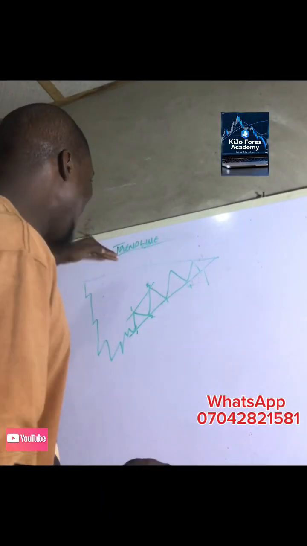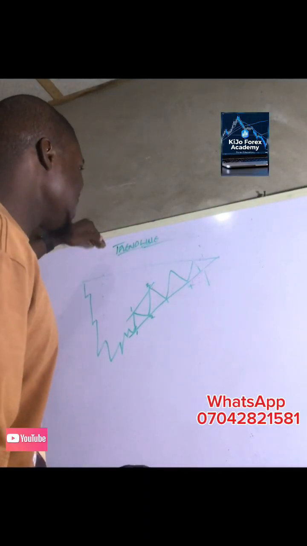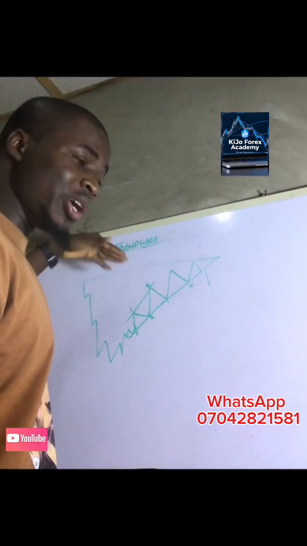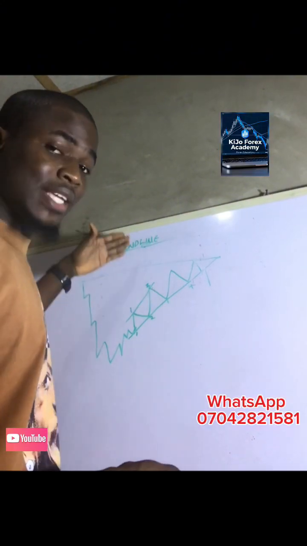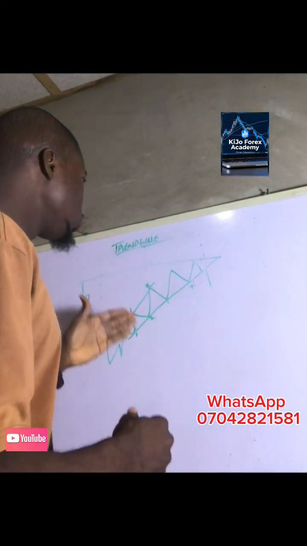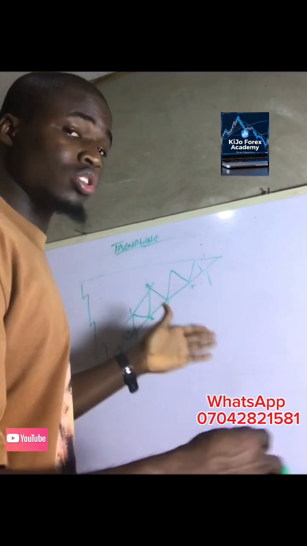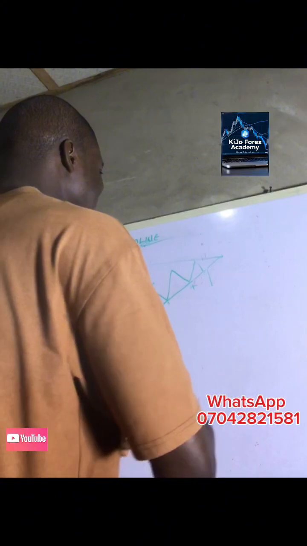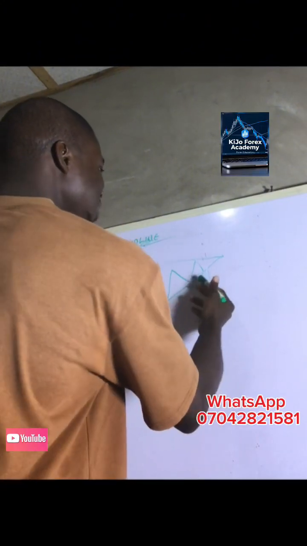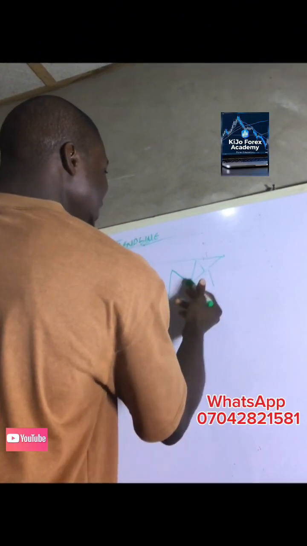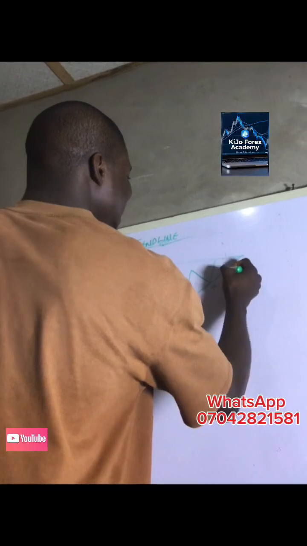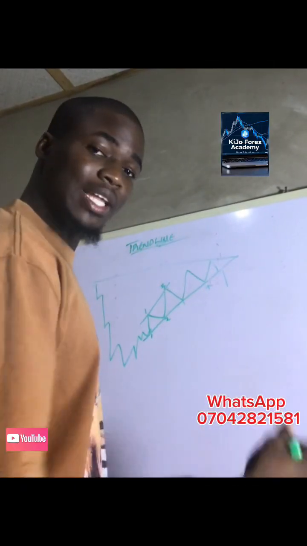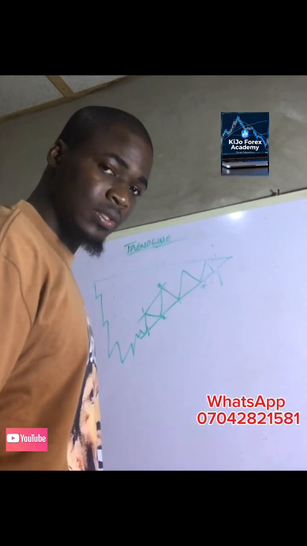So there must be an end that you expect, a demand zone or a supply zone where you expect the price to react. Through your entries, you should know that once the price breaks this line that it has been respecting, the market has shifted.